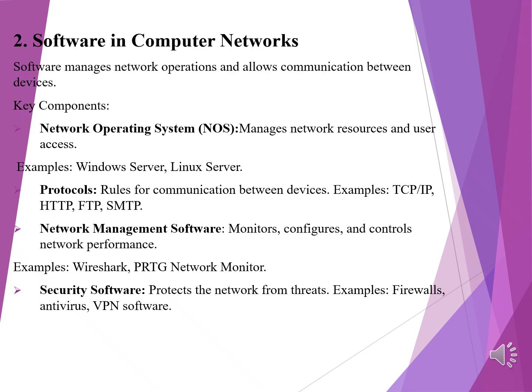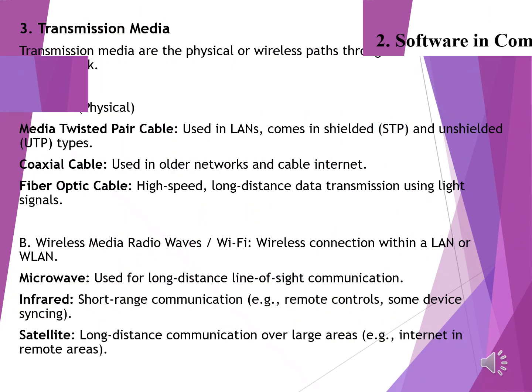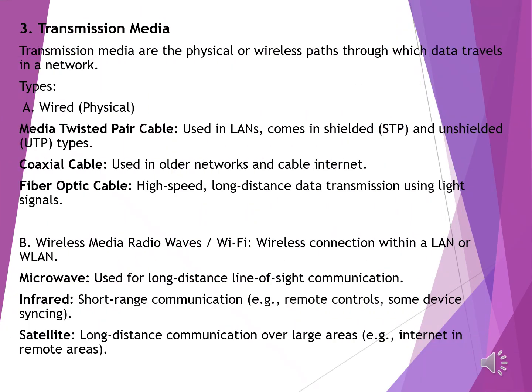Network software includes operating systems, protocols, and security tools. Third one is transmission media. Transmission media can be wired like fiber optic or wireless like Wi-Fi.